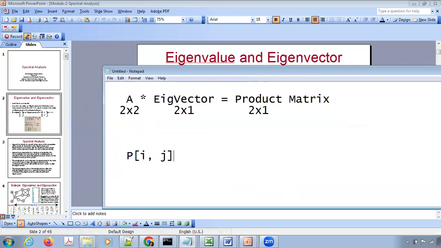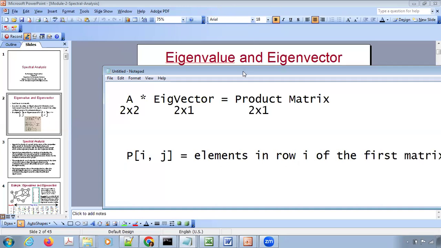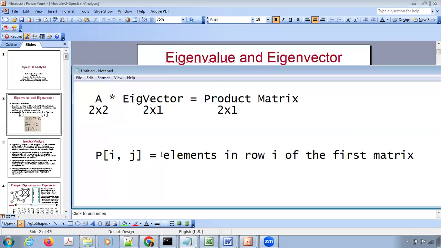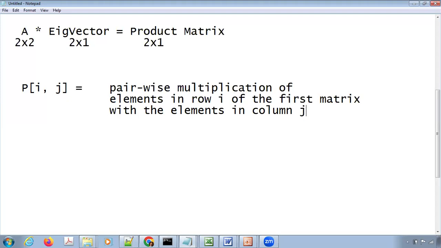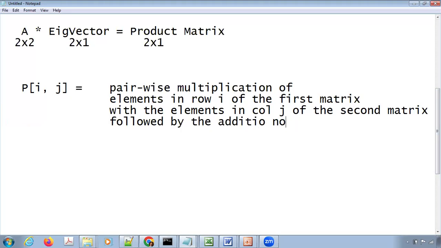If you want to get the row I, column J value, a particular cell value at row I, column J in the product matrix, then you have to do a pairwise multiplication of the elements in row I of the first matrix with the elements in column J of the second matrix, followed by the addition of all the product pairs.